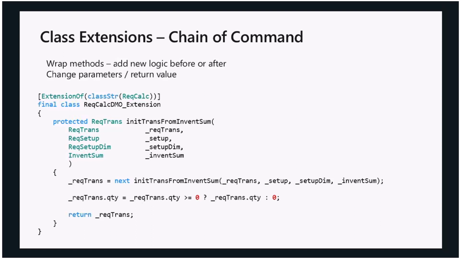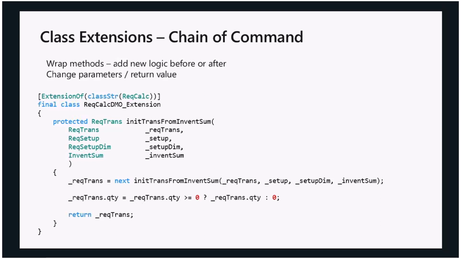So what I'm showing you here is an example of a real use of chain of command. We wanted to be able to have MRP treat negative quantity as 0. This way retail stores which have a negative inventory won't inadvertently order more stock than necessary. So the best way to solve this was with this very simple chain of command around the recalcInitTrans method from InventSum.